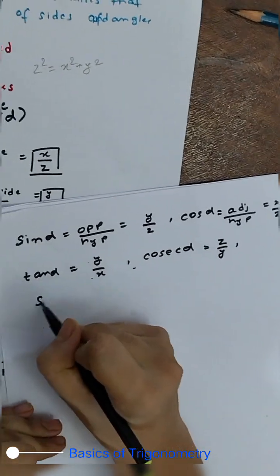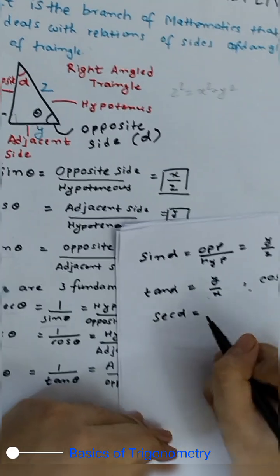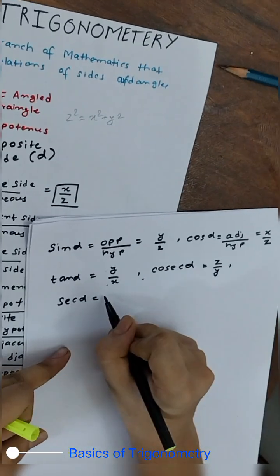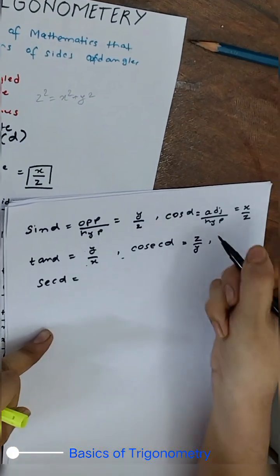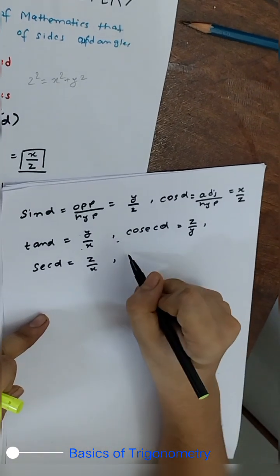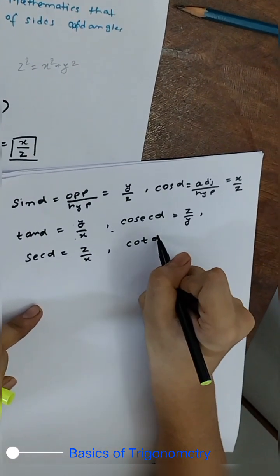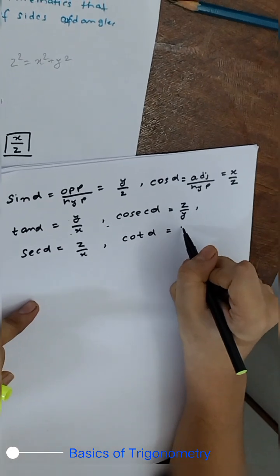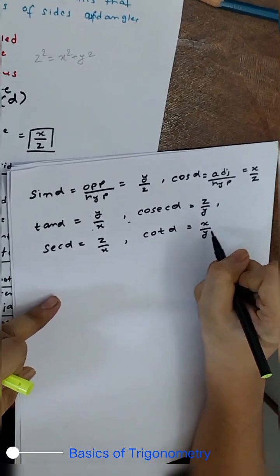Similarly, sec of alpha will be equal to 1 by cos alpha, which will be equal to z by x, and similarly cot of alpha will be equal to 1 by tan alpha, which will equal x by y.